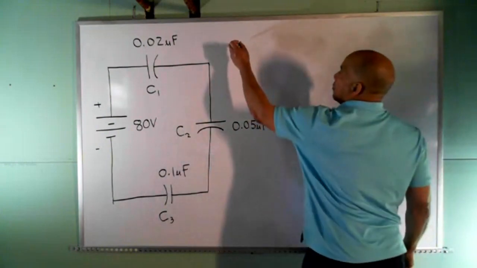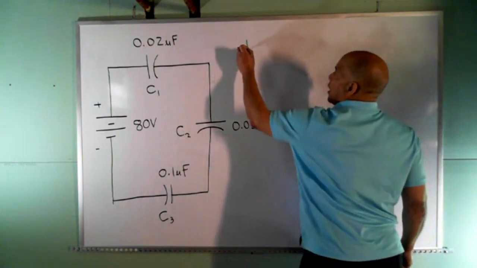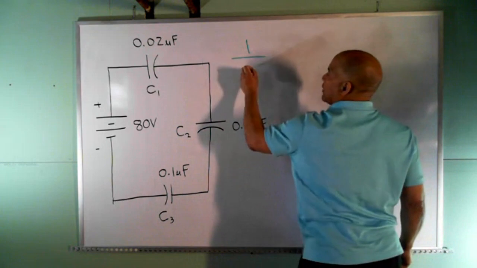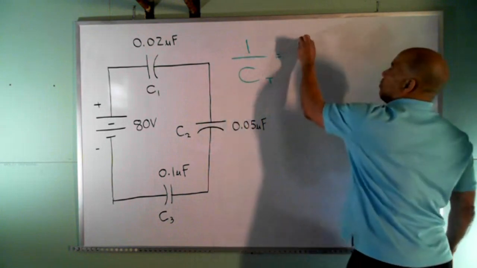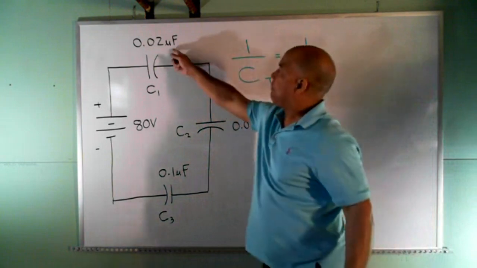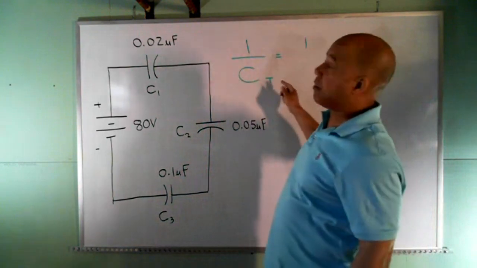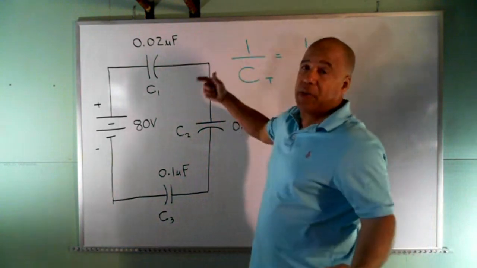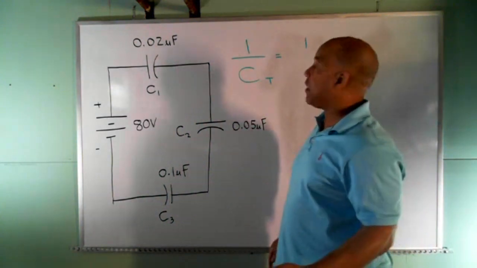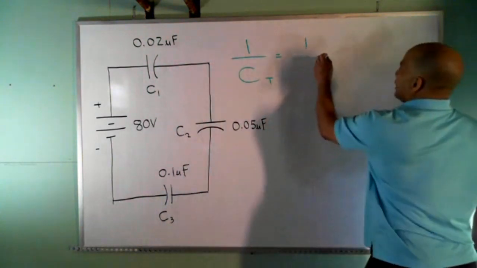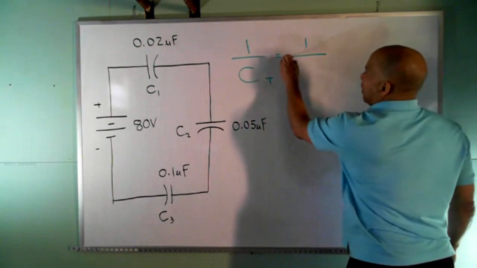The formula I would use is the reciprocal formula, 1 over CT, that's what I'm looking for. Now I'm going to leave off the microfarads because I don't have a lot of room to write. I'm just going to put in the number. But we know our final answer will be in microfarads. It's not a good idea to leave off units, but I'm going to leave them off on purpose here.